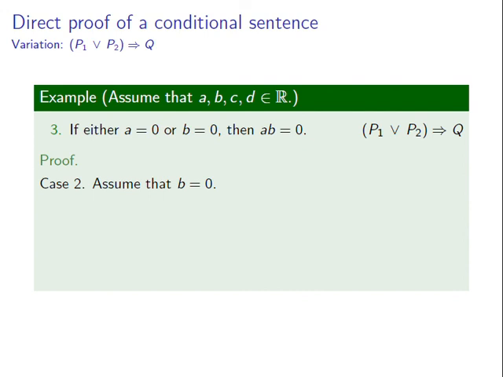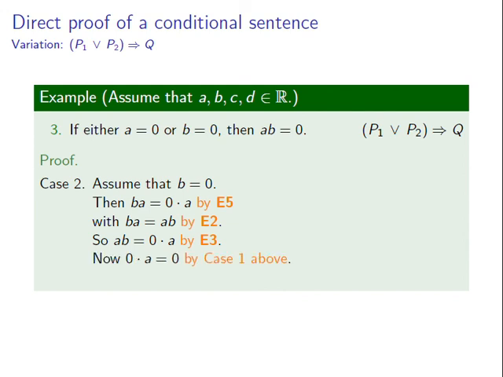For case 2, assume that B equals 0. By the multiplication property of equality, B times A equals 0 times A. By the commutative property of multiplication, B times A equals A times B. Hence, by the transitive property of equality, A times B equals 0 times A. We showed in case 1 that 0 times any number is 0, so 0 times A is 0.